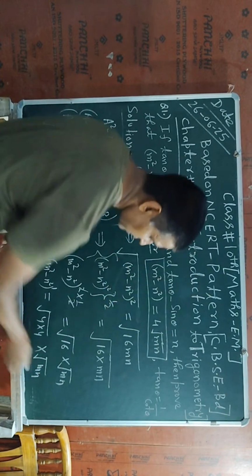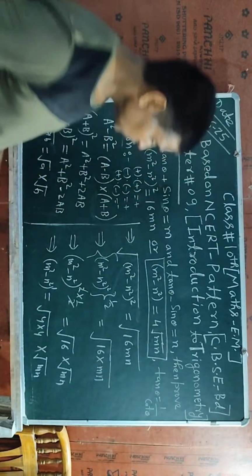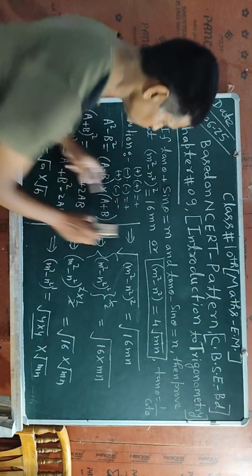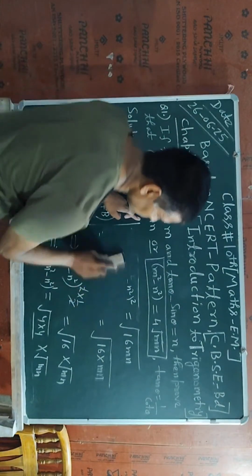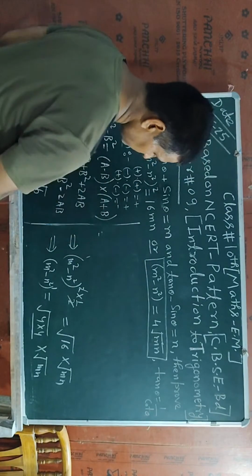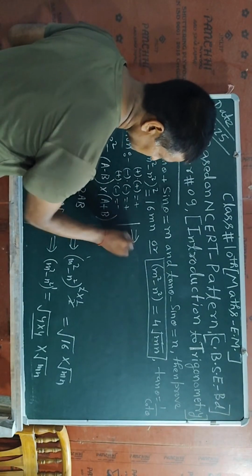Okay, student, if you have any doubt, ask your doubt in the comment section for getting a solution to your question. Okay, student, further I am going to give the data for getting the solution.